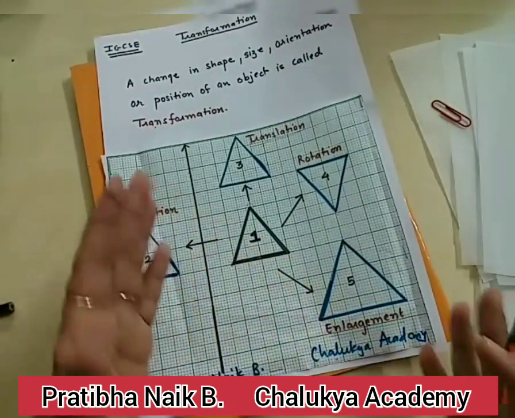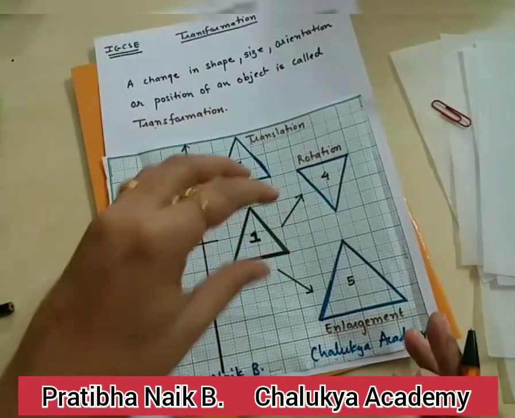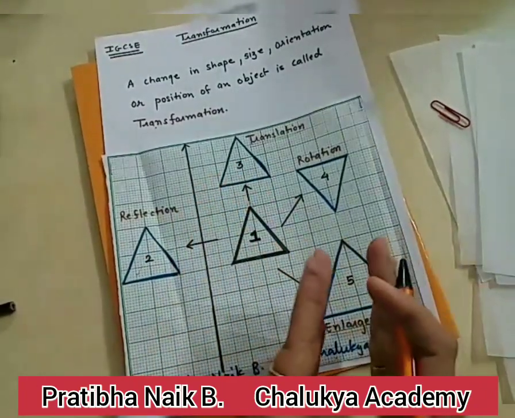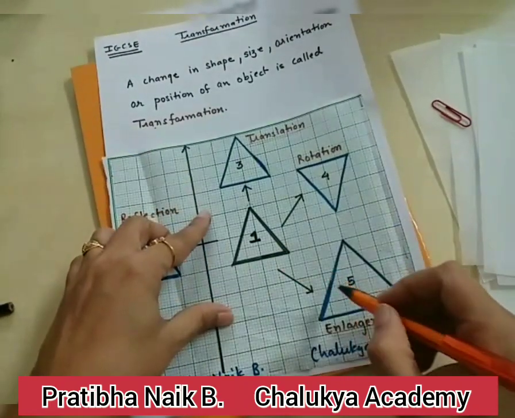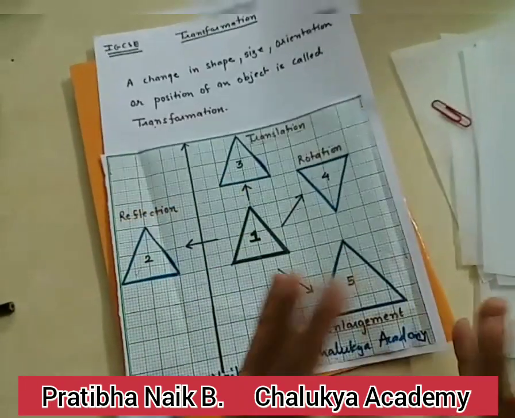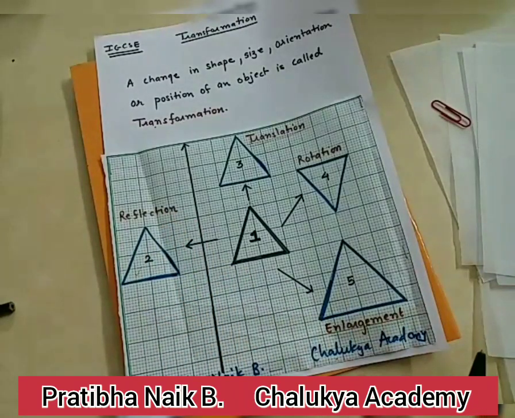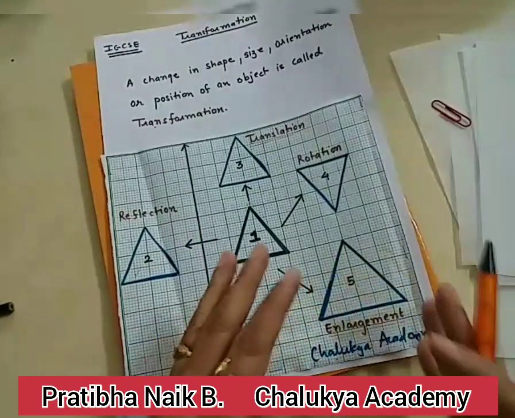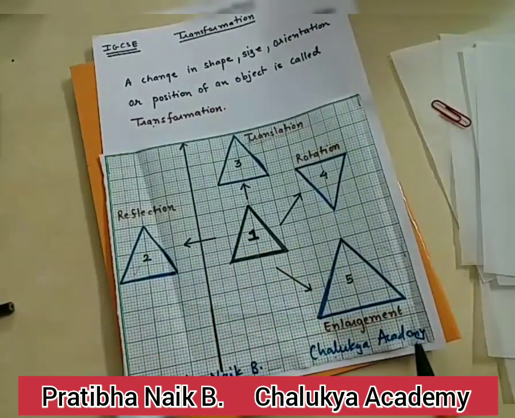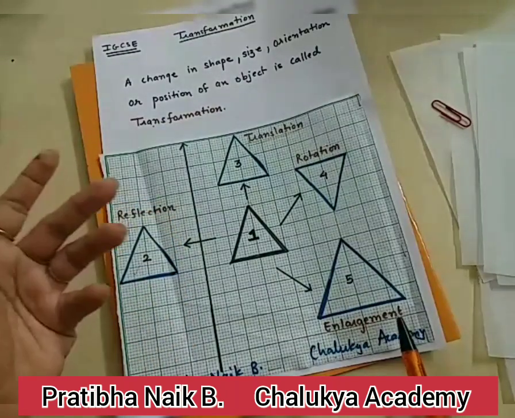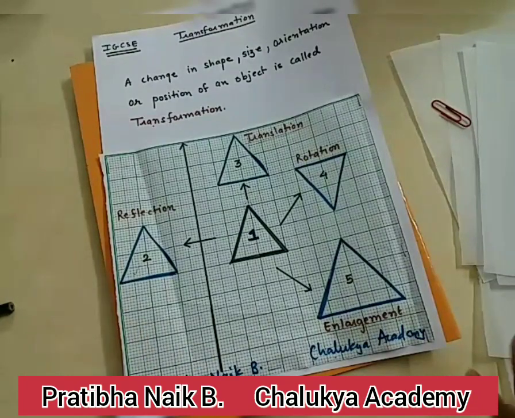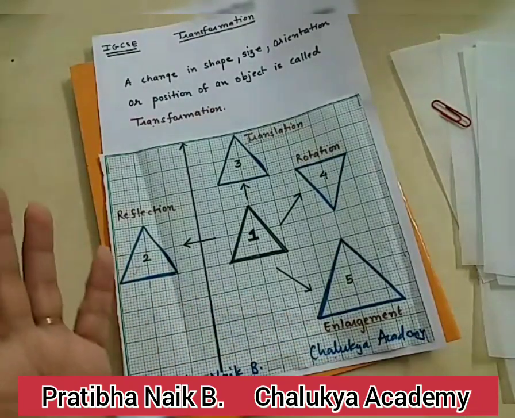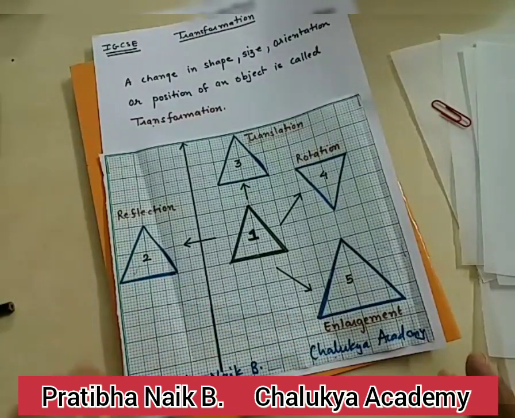Next is what? Enlargement. Enlargement means what? In this case, either you will reduce the size of the object or you will enlarge the size of the object. So you can observe here, we have increased the size of the object through a particular factor, that is called scale factor. So you may increase through a scale factor 2 or through a scale factor 1/2, or you can enlarge the figure by -2.